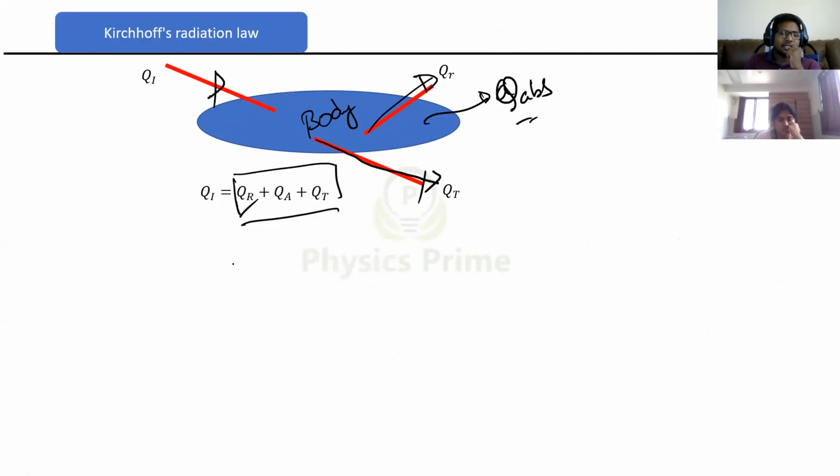That is QR, reflected energy, QA, absorbed energy, QT, transmitted energy. Got it? QI is incident energy.